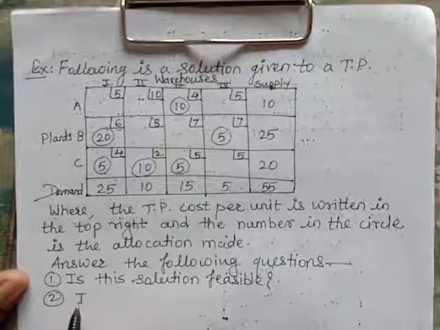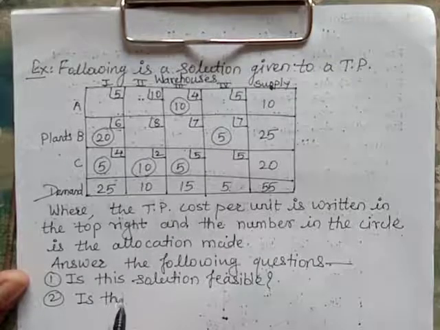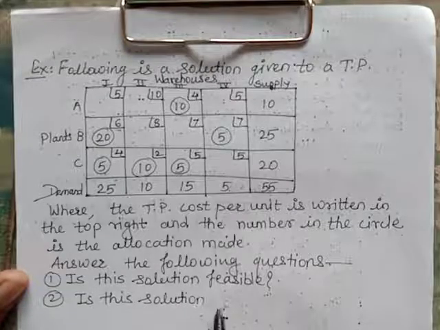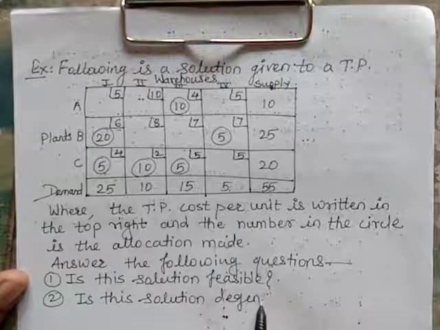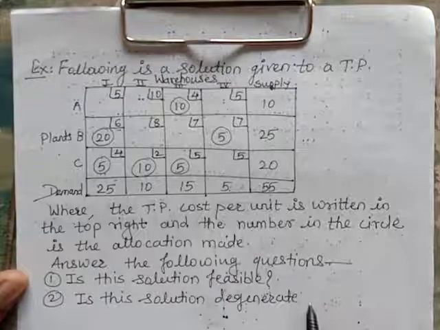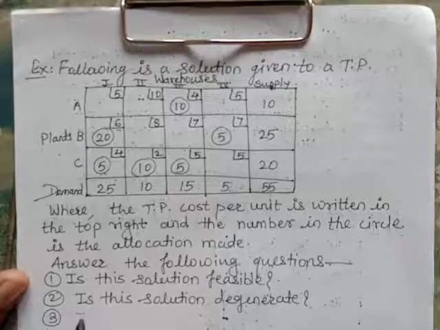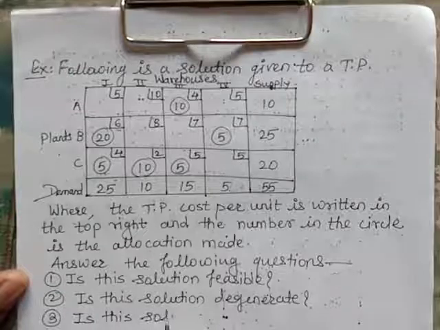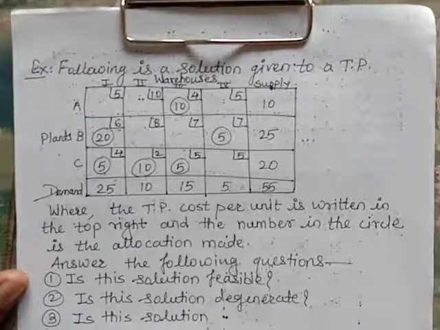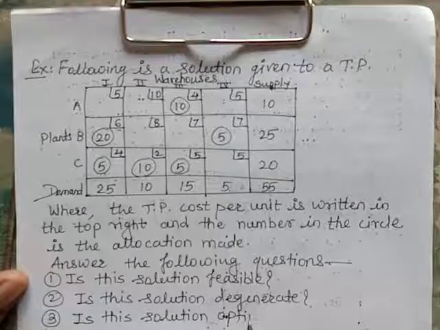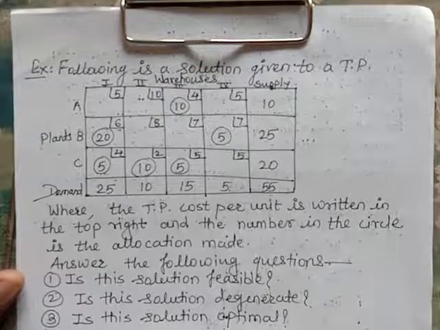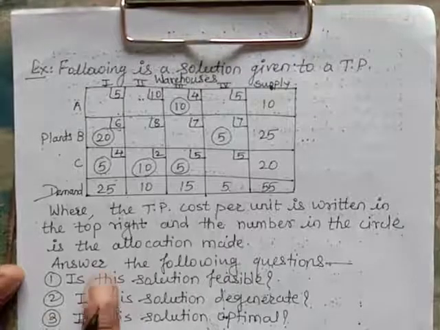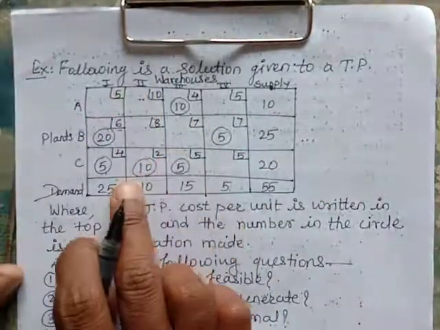Second, is this solution degenerate? And the third, is this solution optimal? These are the questions here. Now we have to write the answer for this question. There are 3 questions for this given TP with allocations.